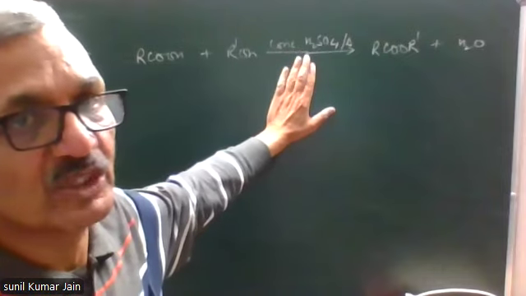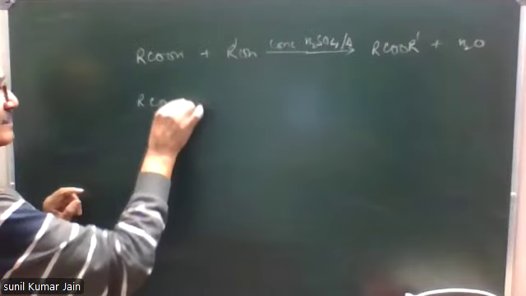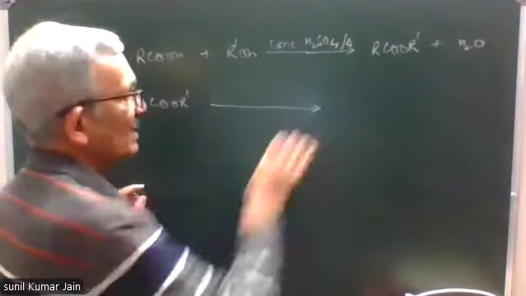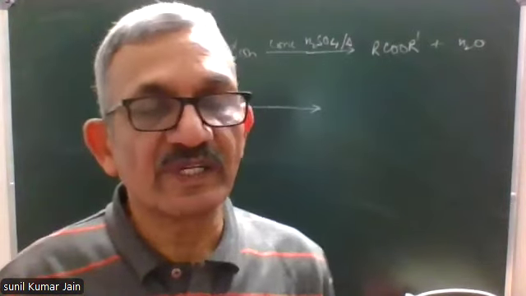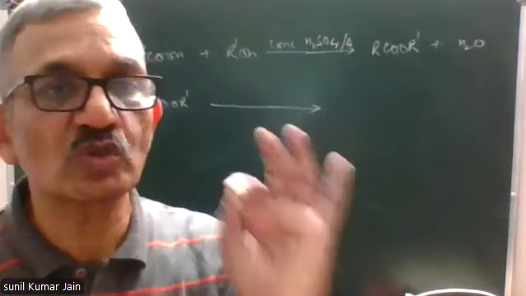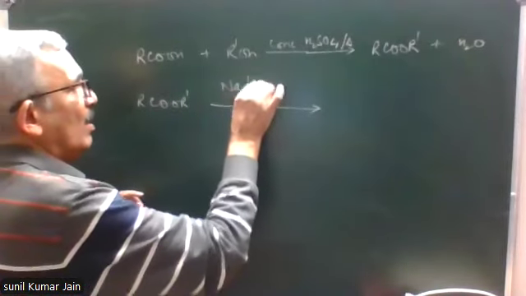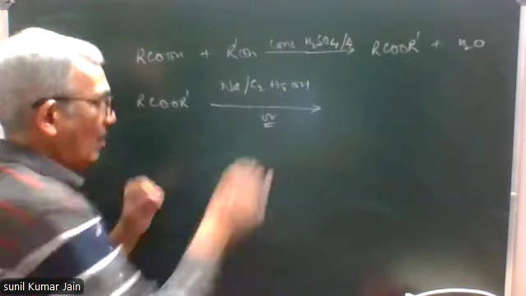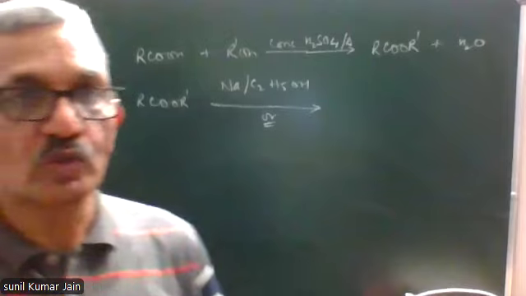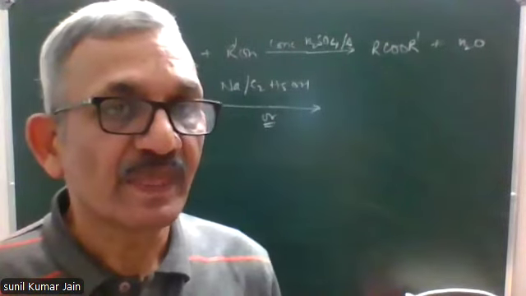Sulfuric acid is a very, very cheap chemical. Second step. This ester formed has to be reduced. And for the reduction of ester, we can use sodium in the presence of ethanol. Sodium as well as ethanol again are very, very cheap chemicals.